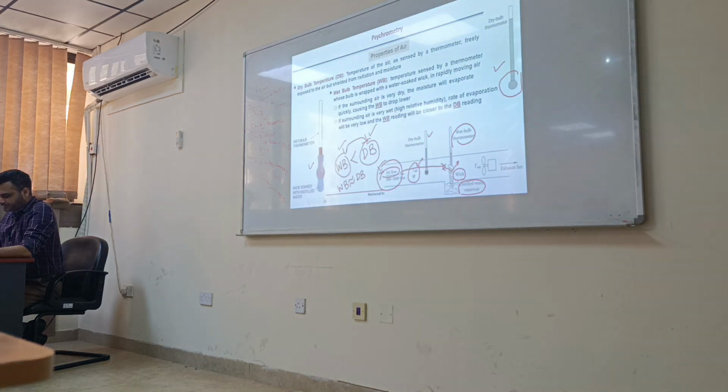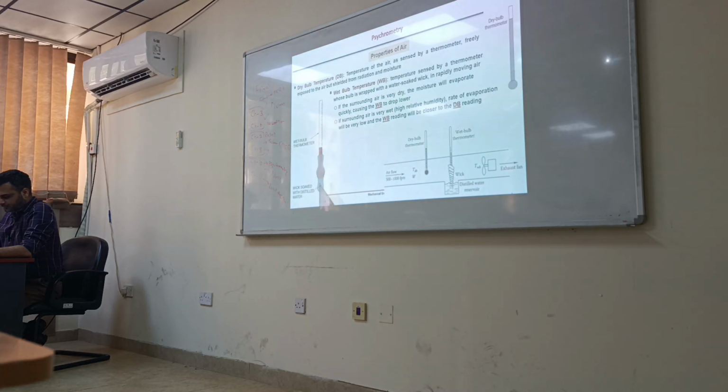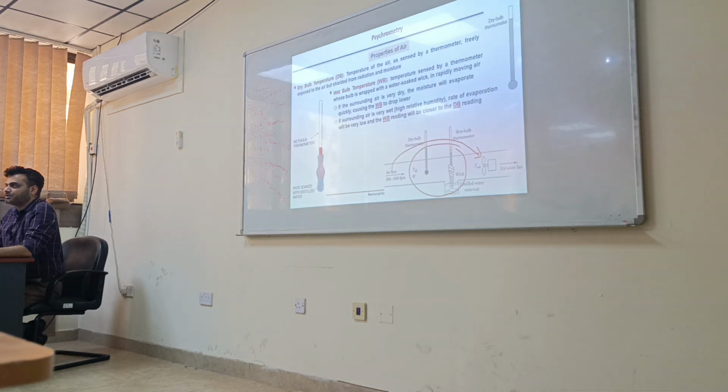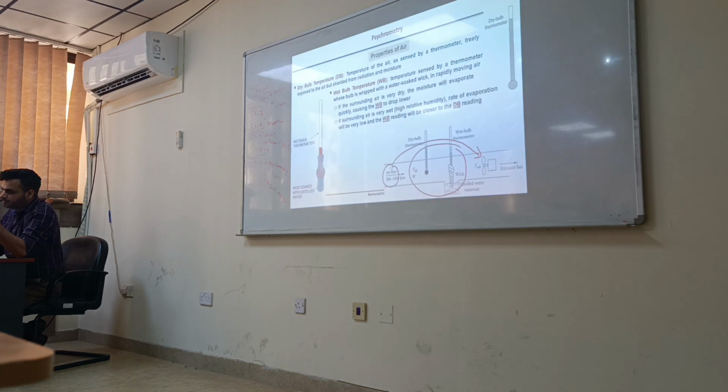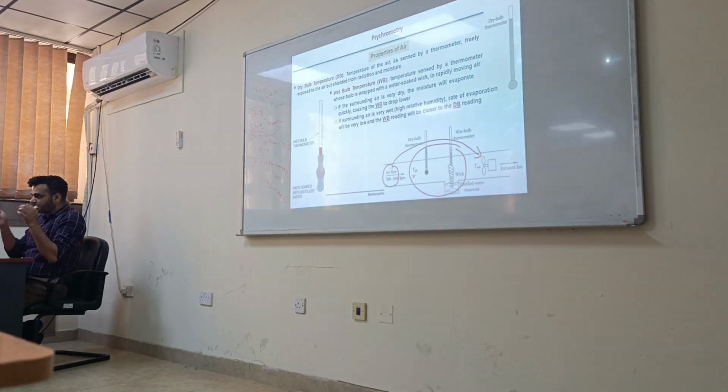Here is the explanation. So using such an experimental setup, what we are trying to do, we are making this air fully saturated. We use the term saturated here. It doesn't mean boiling or condensation. Here saturated means the air has the maximum amount of water vapor which it can hold.